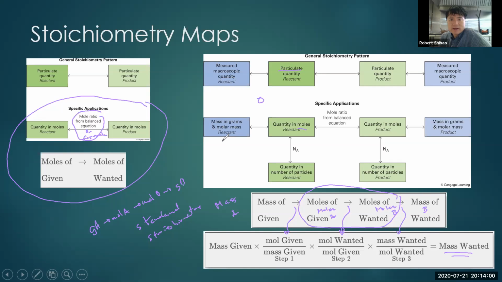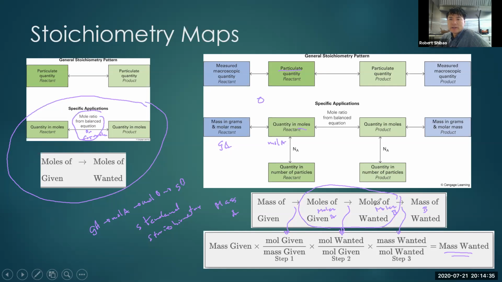And so here's grams of A to moles of A. But at moles of A, we can take another branch because from moles of A, we can go back to grams, or from moles of A, we can go to moles of B. Over here, this would be moles of B. Or we could go to the number of A particles, particles being molecules, formula units, or atoms. And so we can go from moles to particles if they're interested in how many particles. Or we can go from moles of B to grams of B, or moles of B to particles of B.